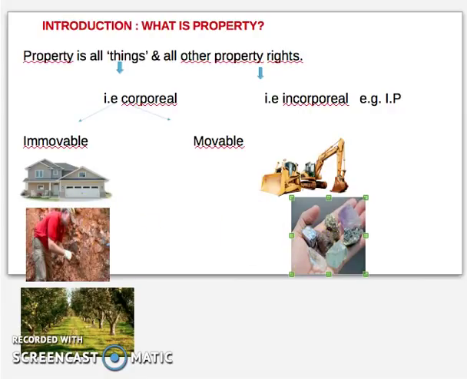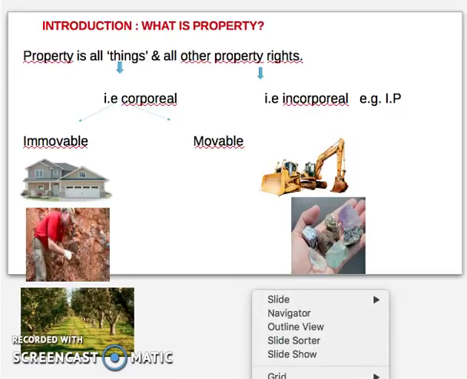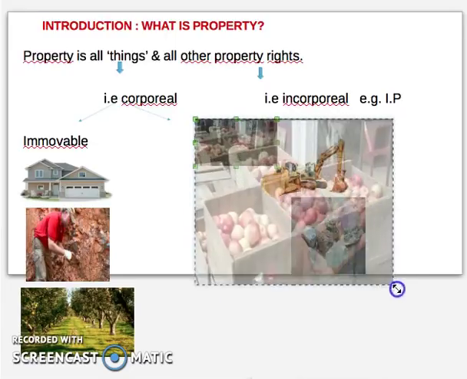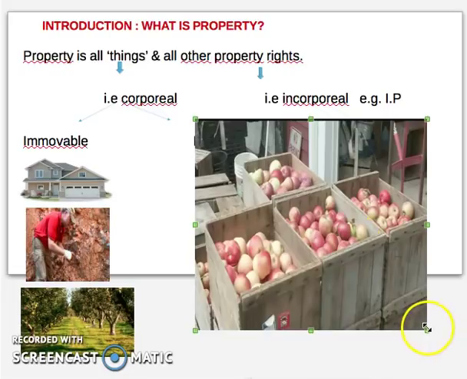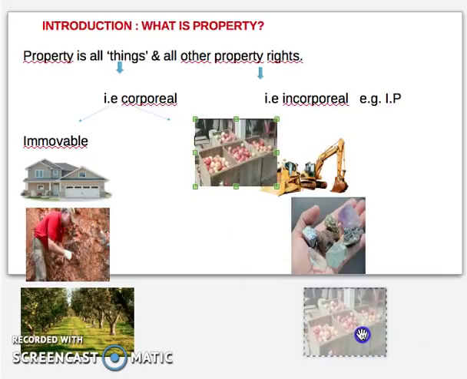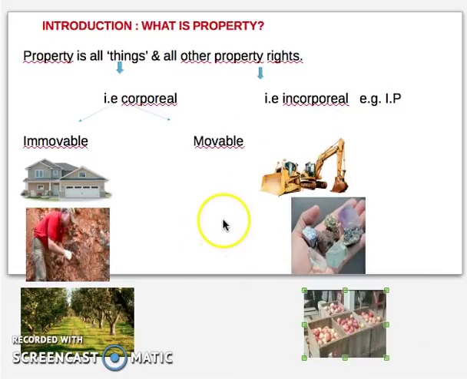And also, once you pick those fruits from the trees, then the fruits also become movable property. So this is really important. Remember this, because later on we will talk about how you can acquire and dispose of immovable property versus how you can acquire and dispose of movable property.